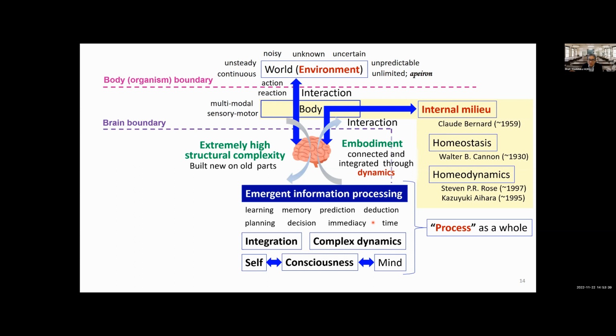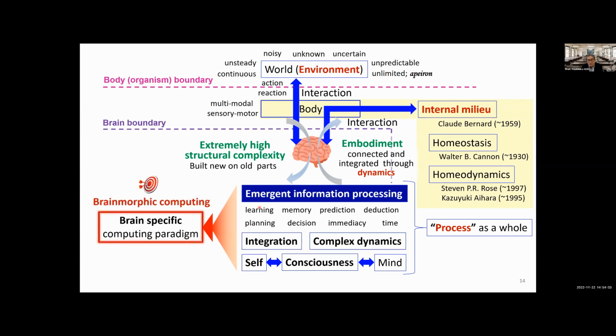Then life will disappear. It is almost the same meaning here. This is a property of the brain as a whole. So this is not an algorithmic process. Anyway, this brain-specific computation paradigm is the target of brain-morphic computing.